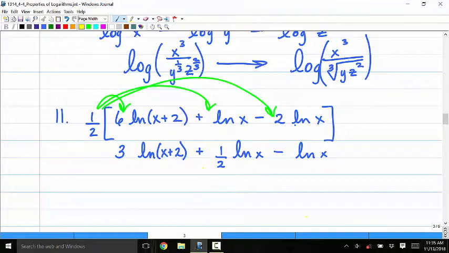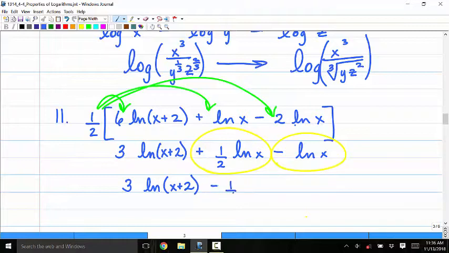Do you see that these are like terms, 1/2 ln x minus ln x? What is 1/2 of something minus 1 of that same thing? Combining those two like terms leaves me with 3 ln of x plus 2 minus 1/2 ln x.